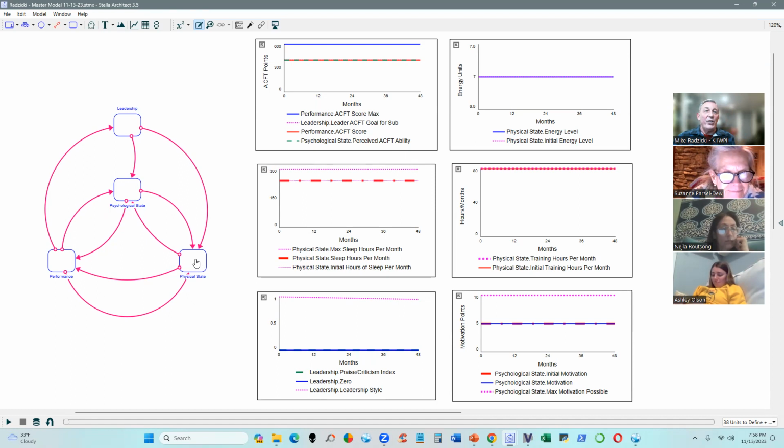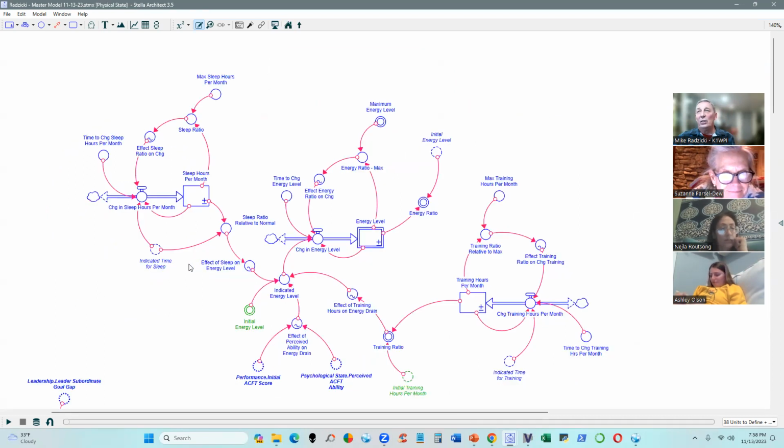So we said there's a physical aspect to all of this. So each person is going to have an amount of energy, okay? And it's going to be rejuvenated through rest, and it's going to be taken away through training, running, let's say.